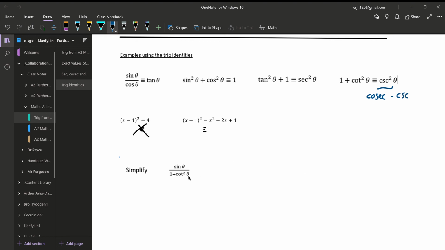Back to my first example. I want to simplify this algebraic fraction with trig functions in it, sine theta over 1 plus cot squared theta.